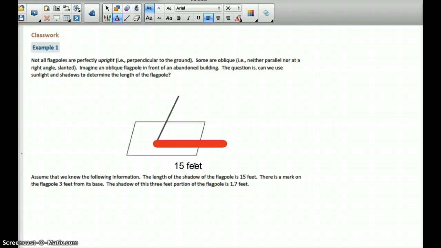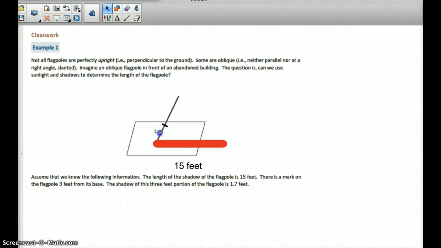Okay, now, next thing it tells us is that there is a mark on the flagpole, so here's my flagpole, 3 feet from its base. So I'm going to put a little mark right here. And I know that that is 3 feet from the base. So I'm going to mark this little section right here, 3. Okay.